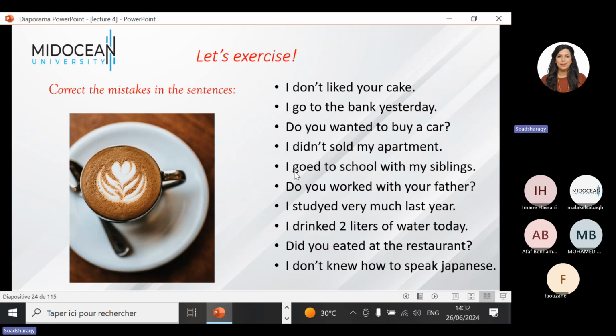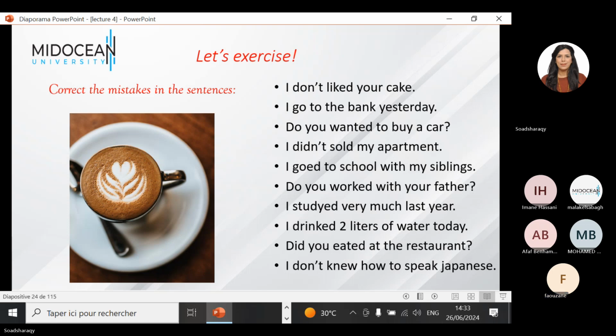Next, let's select another student who wants to answer number 4 or number 5. Sentence number 5: "I go to school with my siblings."